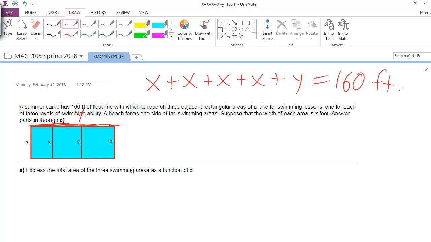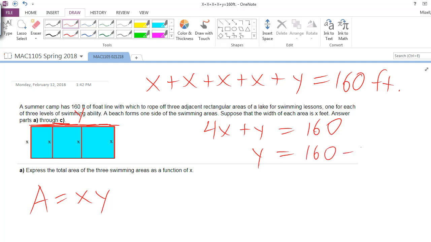Want to be able to express y in terms of x, so we can express the area in terms of x, because the area equals x times y. So 4x plus y equals 160. Y equals 160 minus 4x.